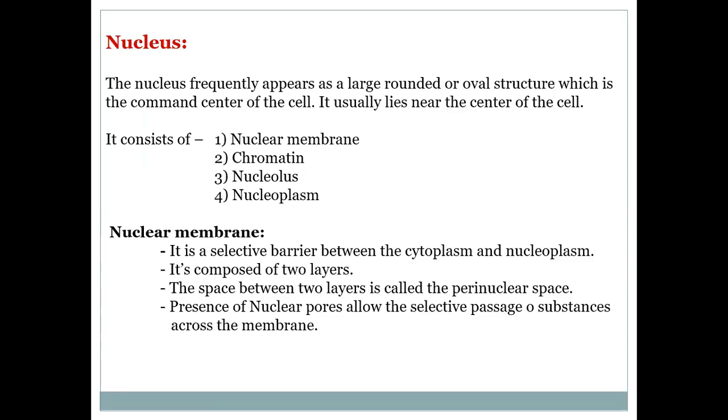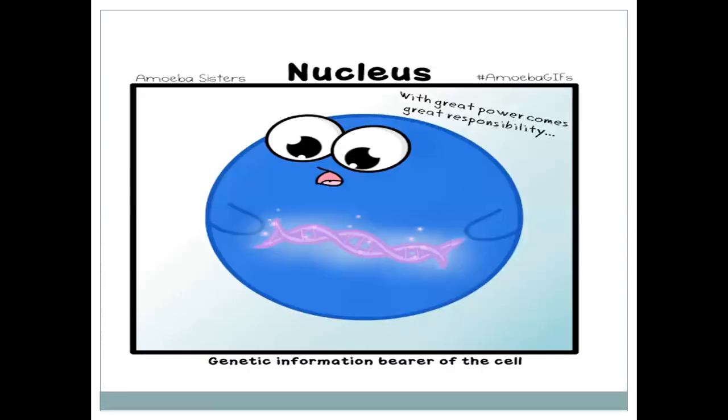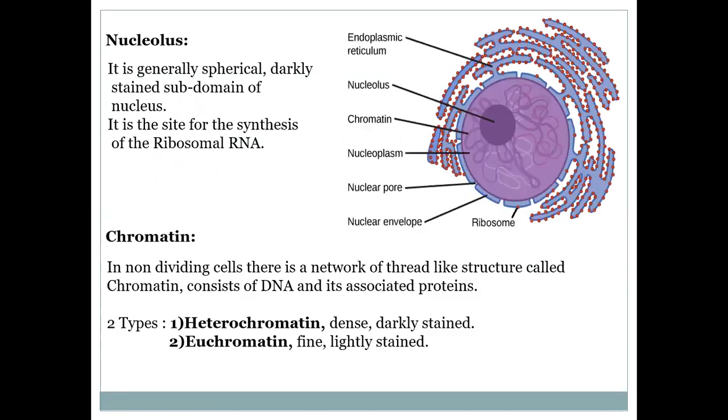Different nuclear pores are present for selective passage of substances across the membrane. Here we are showing the nuclear envelope, which has nuclear pores and nucleoplasm, the nucleolus centrally, and chromatin or chromosomes attached to it.